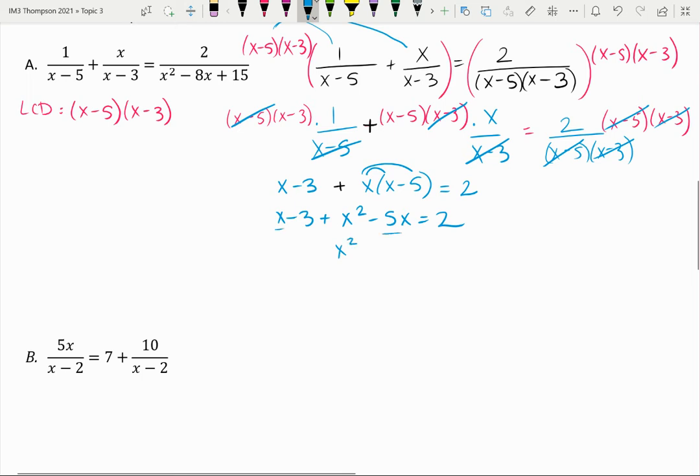X squared, combine like terms, I've got minus 4x. And before I solve a quadratic, we are in the habit of setting that equal to 0. So I'm going to solve for 0.